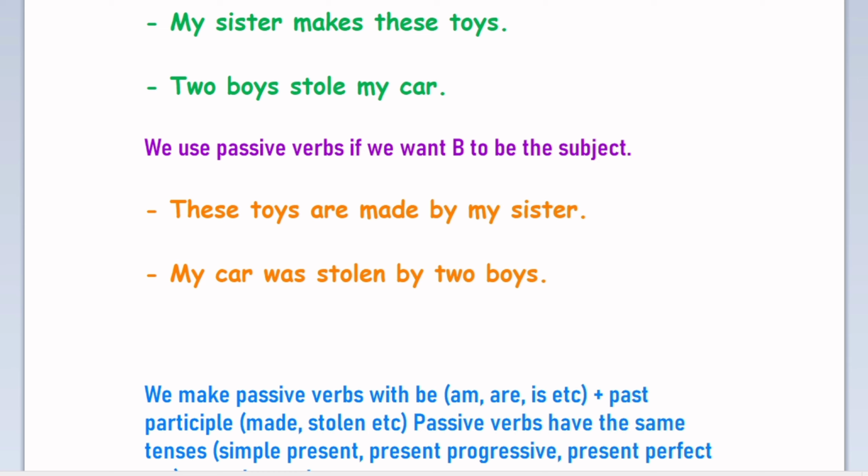We use passive verbs if we want B to be the subject. These toys are made by my sister. My car was stolen by two boys.